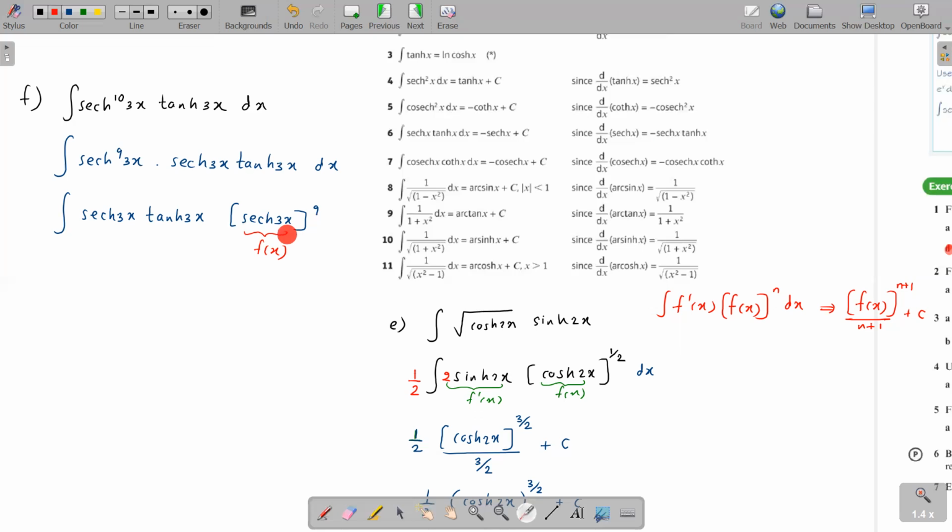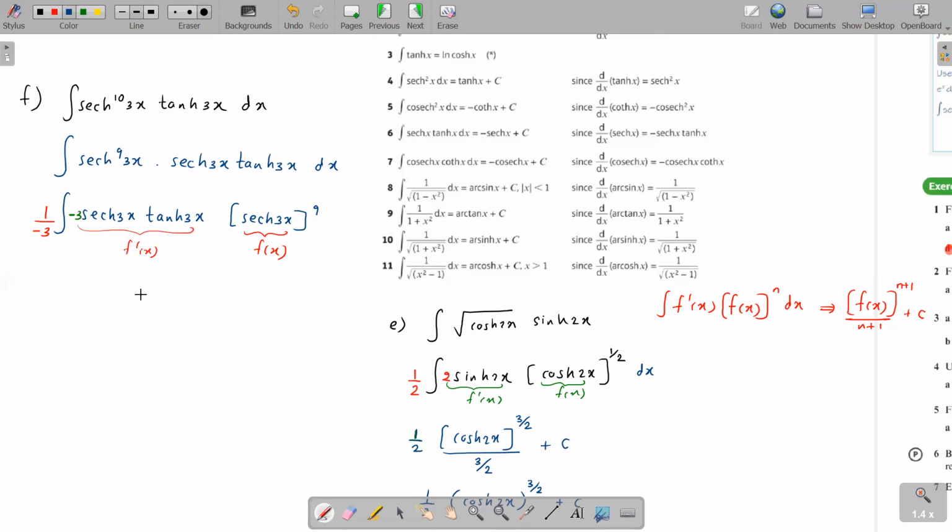So what is missing here? We have sech 3x tanh 3x. We are missing the minus sign, and also the 3, because we multiply into 3. So to make the complete f dash x, I am missing a minus 3. Along with the minus 3, it becomes a perfect f dash. To cancel it out, I have to put a minus 1 over 3 outside. So now I have the perfect f dash x.